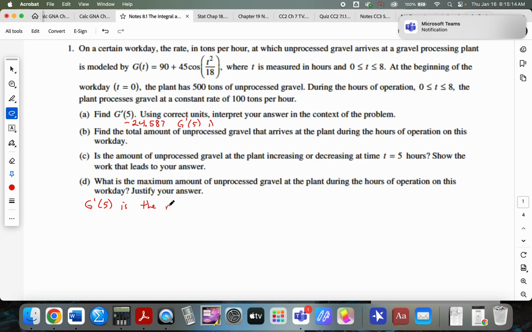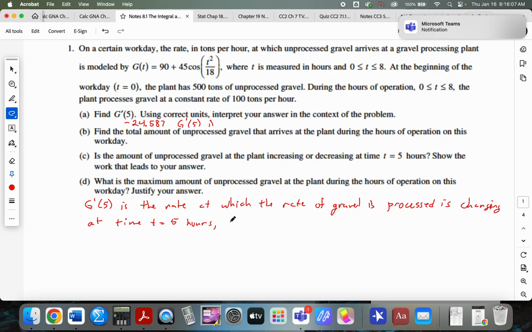is the rate at which the rate of gravel is processed is changing at time t equals 5, and t is measured in hours.